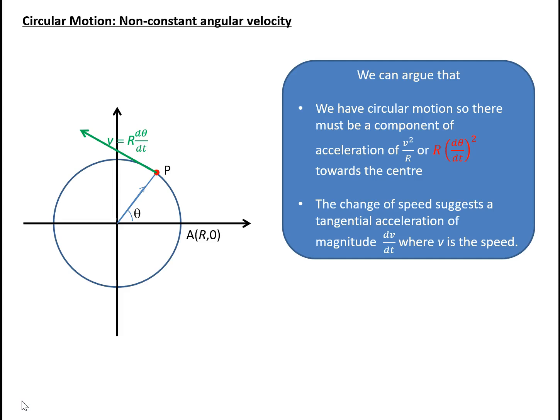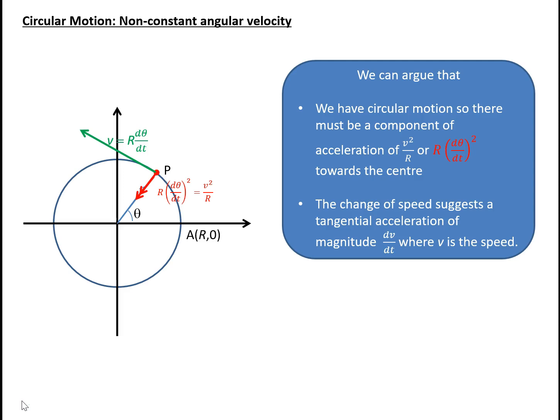And we know that v is the same thing as r times d theta by dt, so v squared over r is the same thing as r squared (d theta by dt) squared, all divided by r. In other words, it's just r (d theta by dt) squared. So there's this acceleration towards the centre of size r (d theta by dt) squared, or v squared over r.